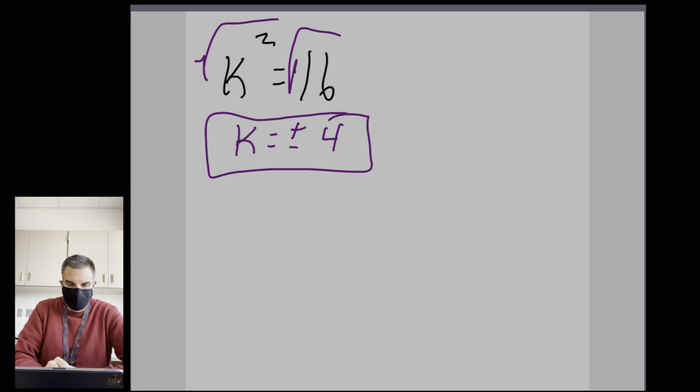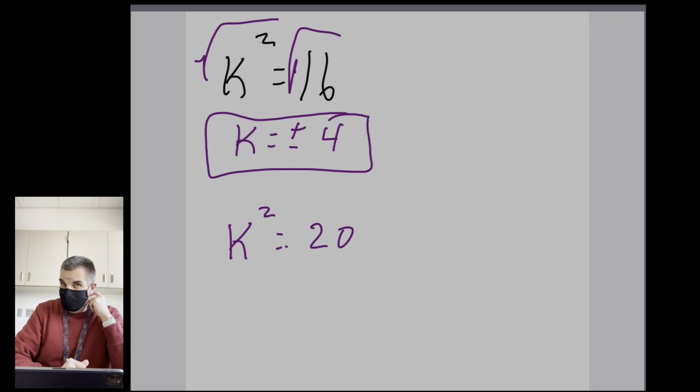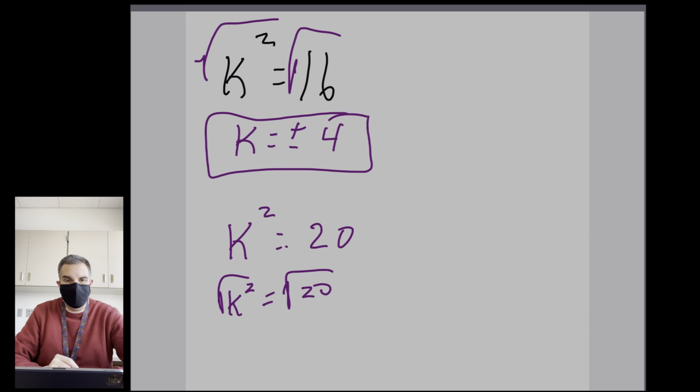Okay. Let's look at another one. Let's go k squared is equal to 20. Again, we've got our k squared equal to something, so we're going to take the square root of both sides. We take the square root of k squared, and the square root of 20. So this is going to be k is equal to positive or negative square root of 20.